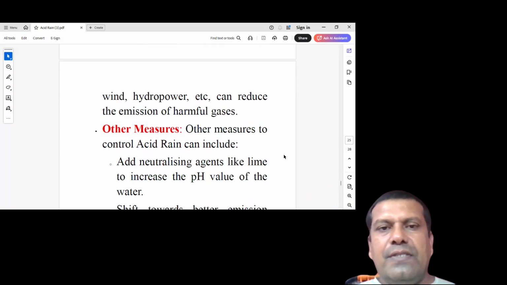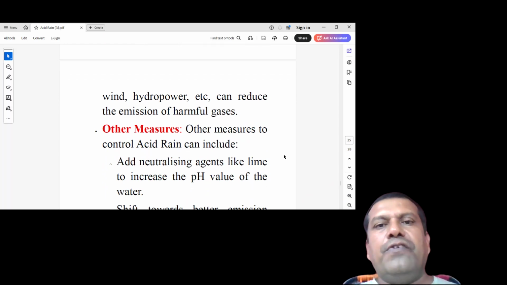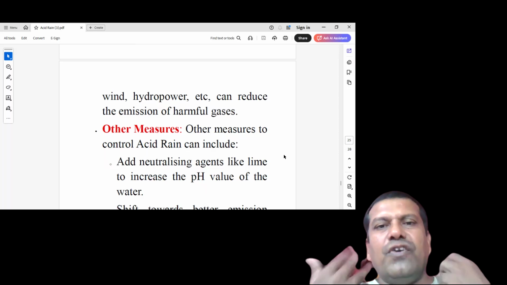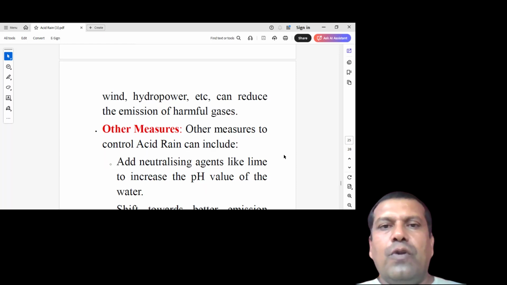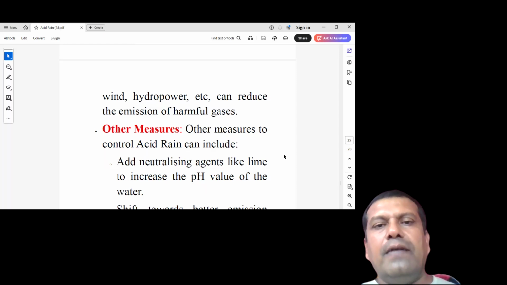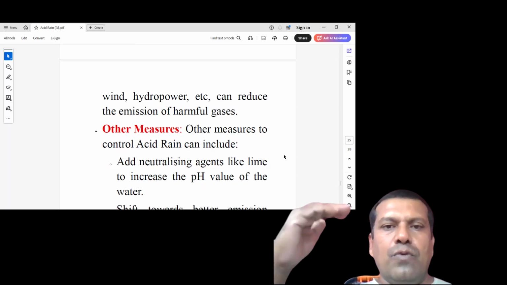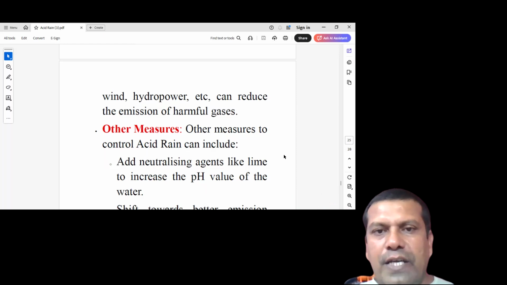These tropical countries receive a large amount of solar energy, so there is ample solar energy, and we can reap the benefits of it.